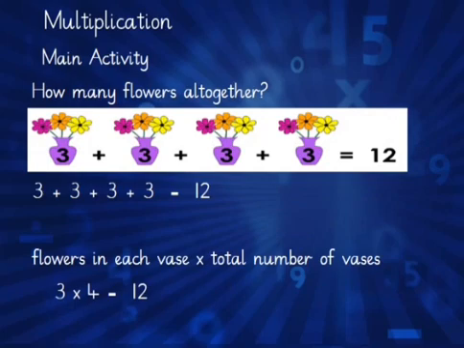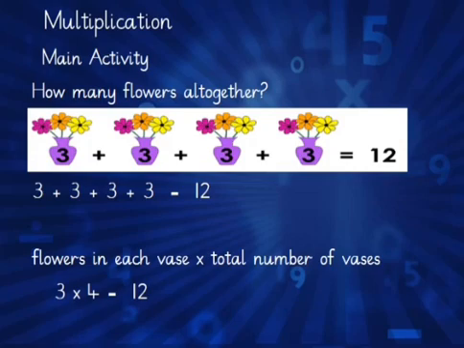Let's do some more practice regarding multiplication. The given question is, how many flowers altogether? One way of finding the total number of flowers is repeated addition. That is 3 plus 3 plus 3 plus 3 is equal to 12.